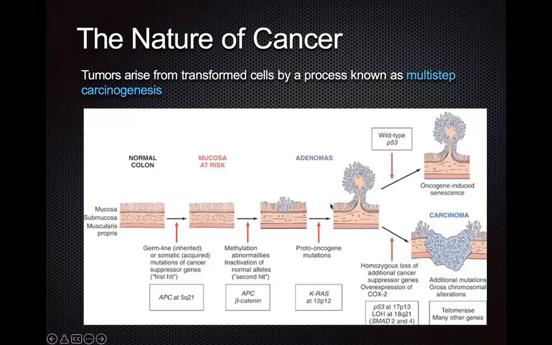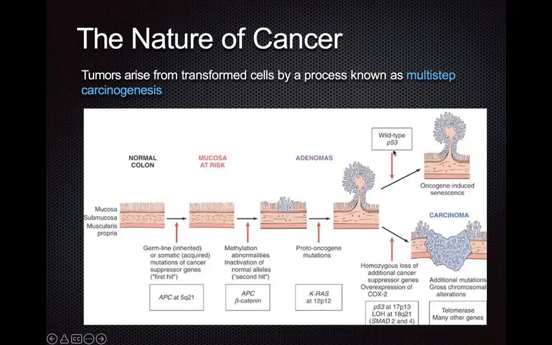APC and beta-catenin drive proliferation of the cells, or hyperplasia, emerging in the normal colon, so the mucosa at risk transforms into an adenoma. In the adenoma, there are proto-oncogene mutations, for example KRAS at 12p12, which make the cells quite different from the previous physiologic cells, and then it goes into two types.